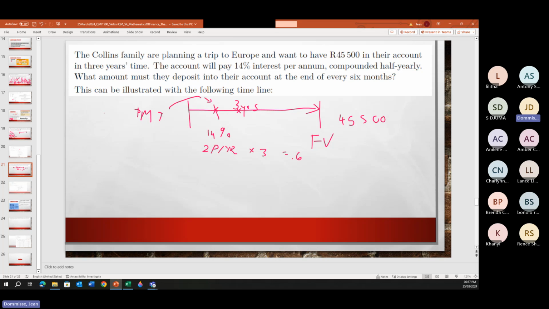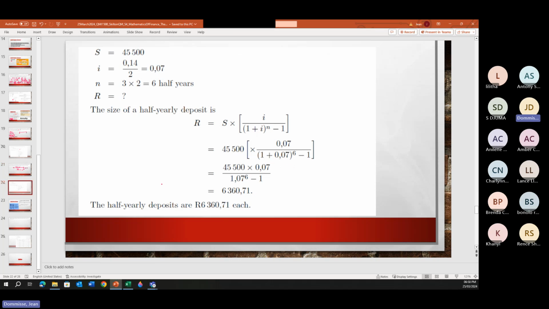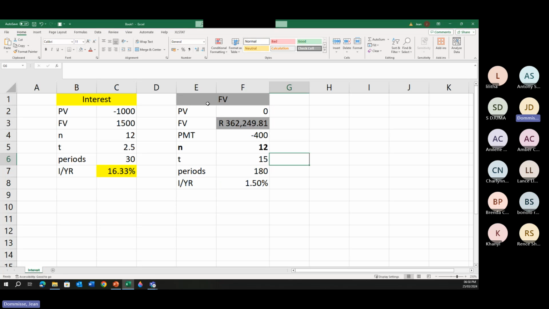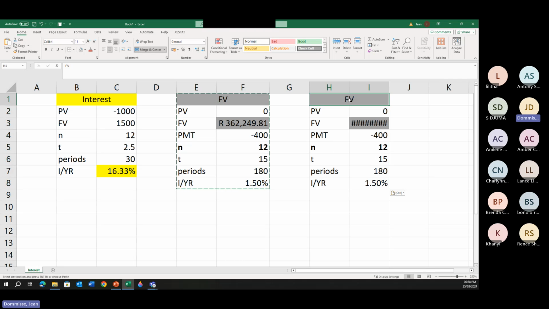we can use Excel. I like Excel, so I'm quickly going to show Excel. The answer is here as well. You will be able to use the formula as well as, so I want to use this because then we've got another formula in PMT that you can get access to.